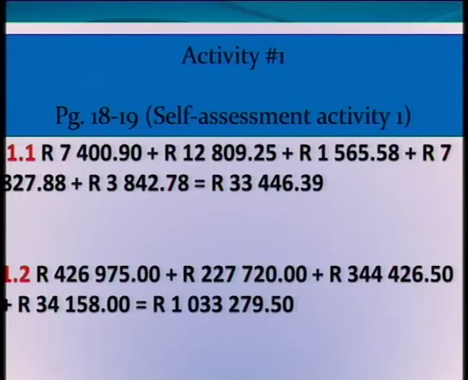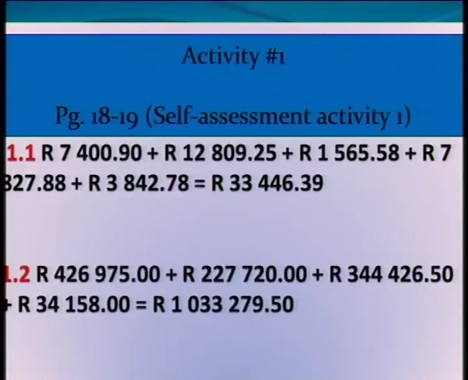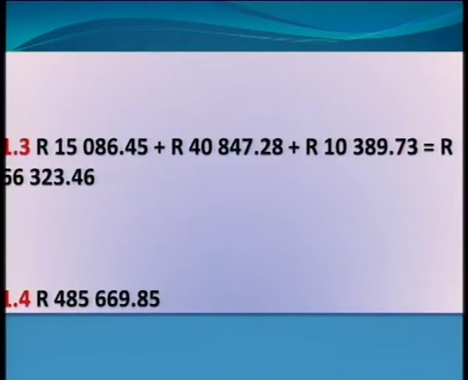It only matures on the 1st of June 29. So it's not a current asset currently. We are going to have it, but it's a non-current asset. So that's why we are going to put it under non-current asset. So altogether, your non-current assets will be 1.033279.50.